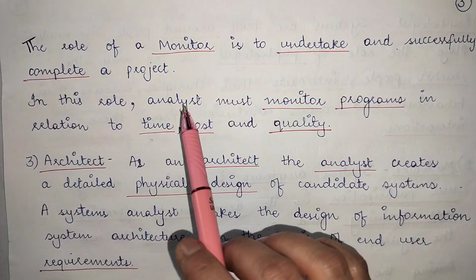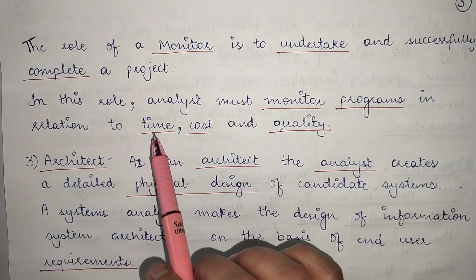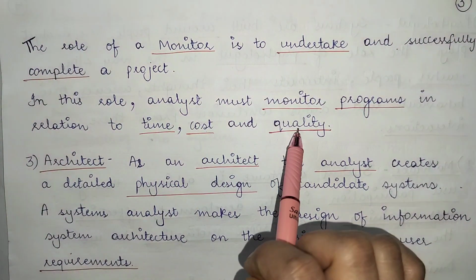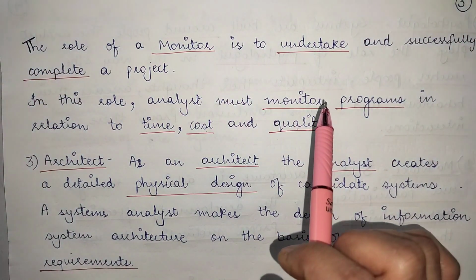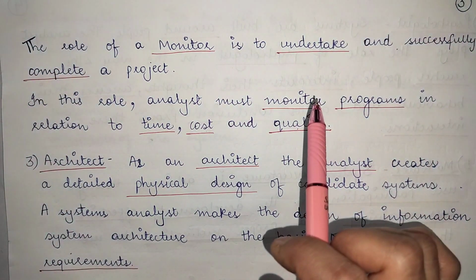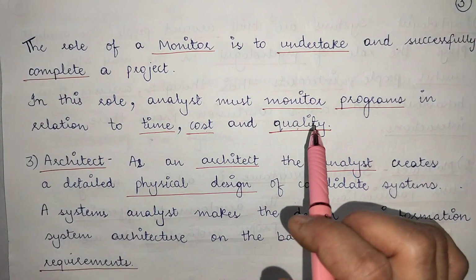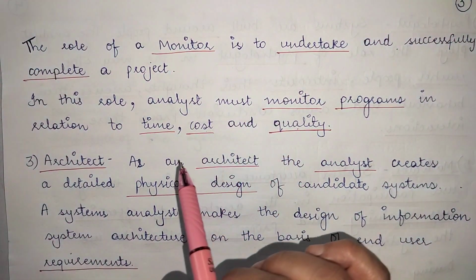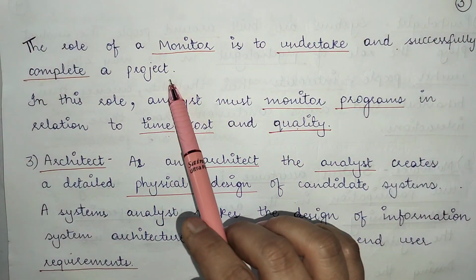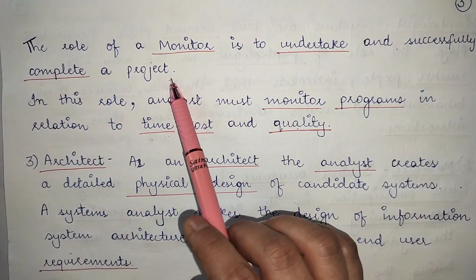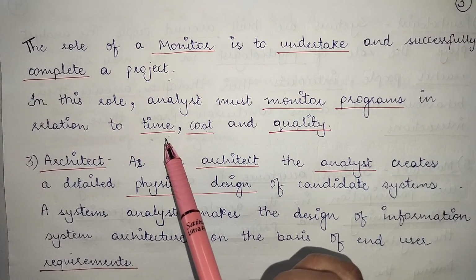So in this role of a monitor, the analyst must monitor projects in relation to time, cost, and quality. While the system analyst has taken up a project and wants to complete it successfully, he must monitor it in relation to time, which means the project must be completed within the scheduled time and must not exceed it.